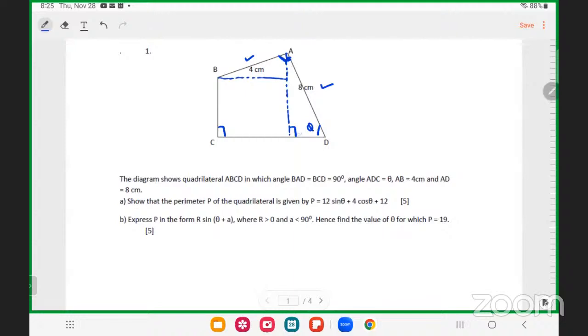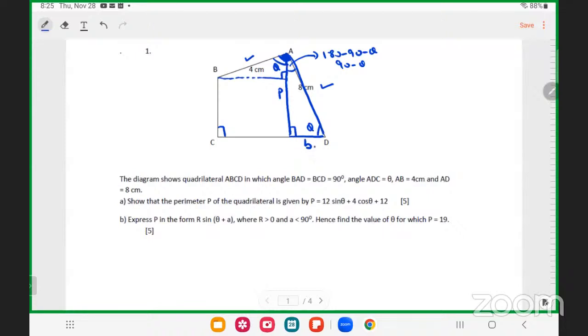So if this is 90, this is theta, this angle will be 180 minus 90 minus theta, that is 90 minus theta. If this is 90 minus theta and this is 90, so this angle will be theta. This obviously is 90 degrees. So from the perspective of this particular triangle, this is base and this is perpendicular.